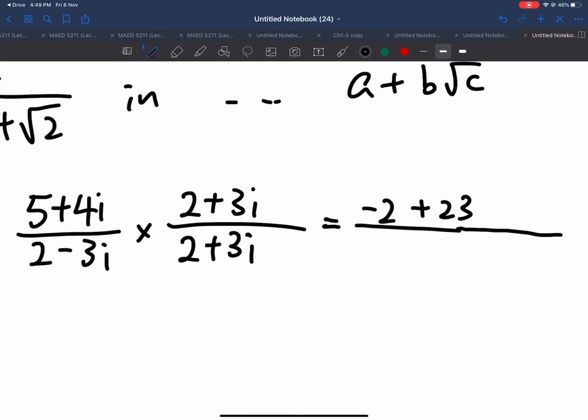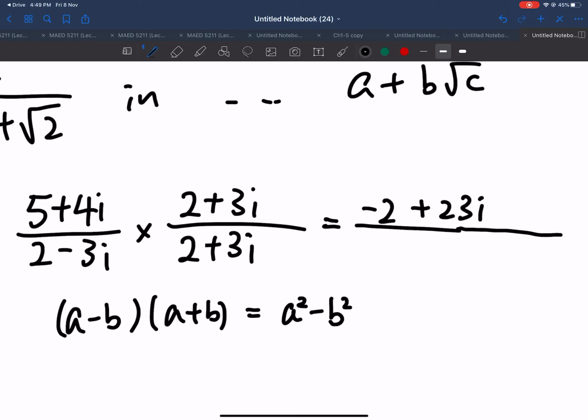Can we just cross out the bottom? Well, actually, no. For the bottom, it's just like a minus b times a plus b, so it gives you a squared minus b squared. 2 minus 3i, you can consider as a minus b. 2 plus 3i, you consider as a plus b. So after you simplify, it is a squared minus b squared.